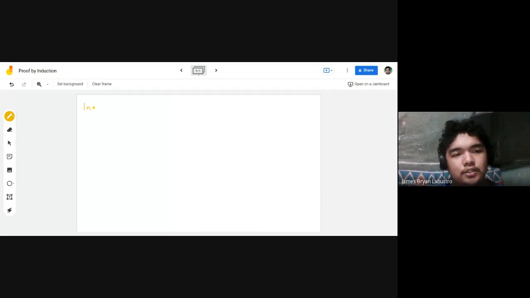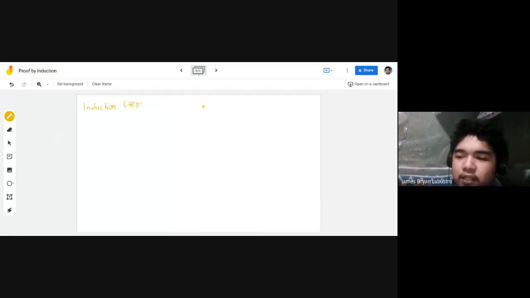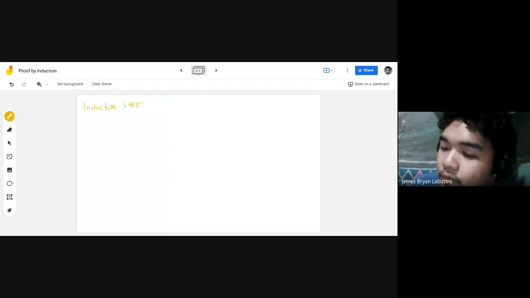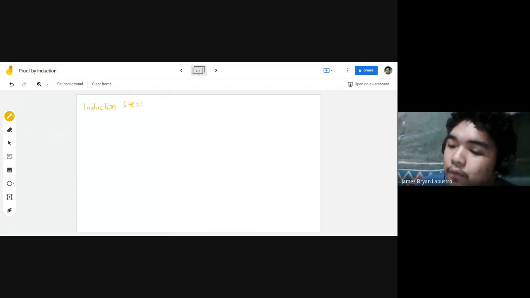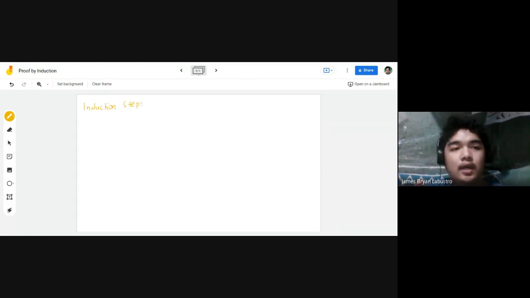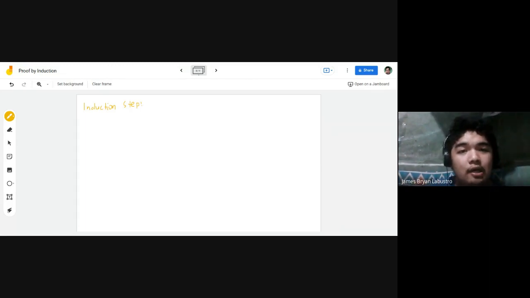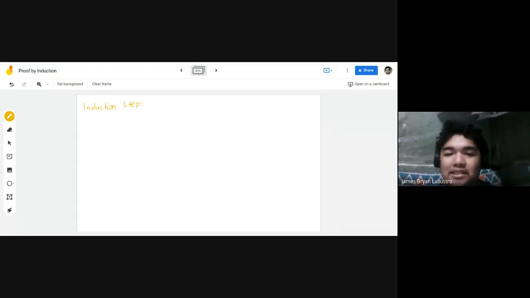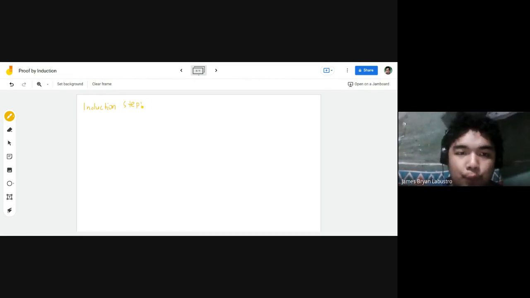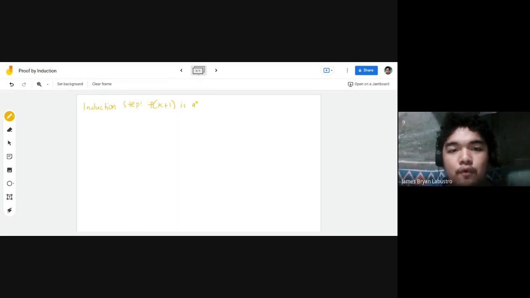Our induction step is that we're going to prove that k plus 1 is also true. So P of k plus 1 is also true. How are we going to do that?